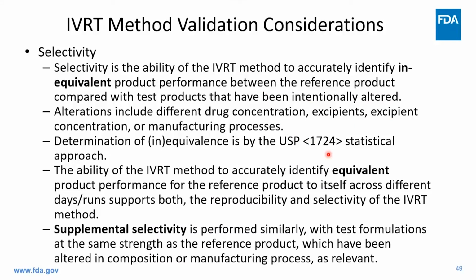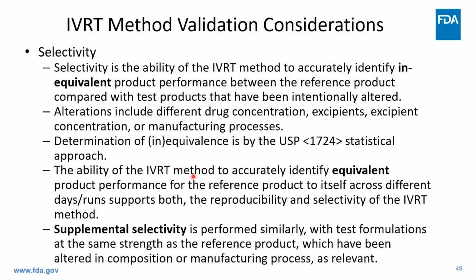The ability of the IVRT method to accurately identify equivalent product performance of the reference product to itself across the different days and runs also supports the reproducibility and the selectivity of the IVRT method. Because if even your reproducibility runs are found to be inequivalent to each other, well, then it's not that your method is selective, it's just not reproducible.